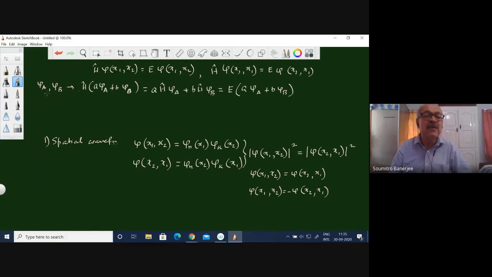If these two are eigenfunctions, a linear combination is also an eigenfunction with the same eigenvalue. This will work only if the operator on both gives the same eigenvalue, and in this case, it is true.